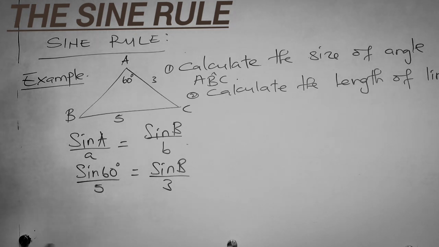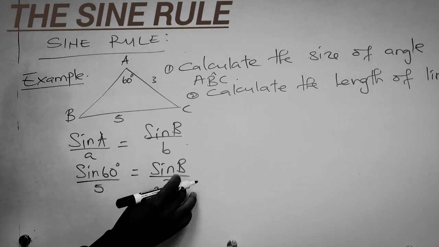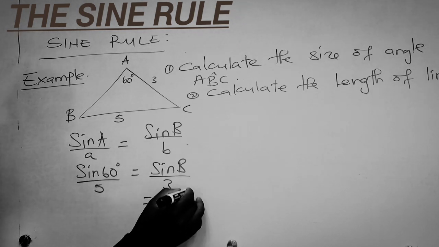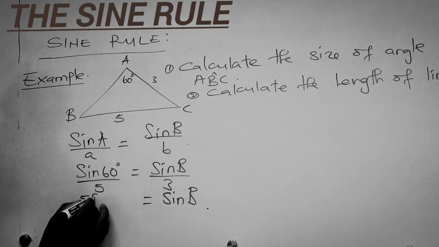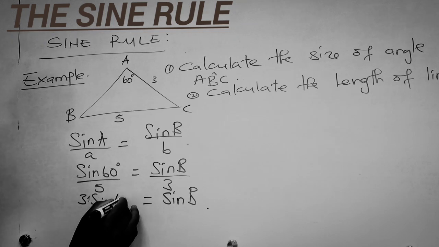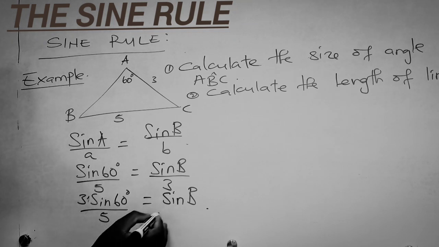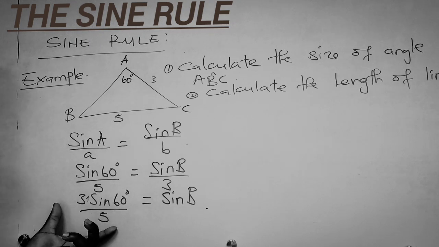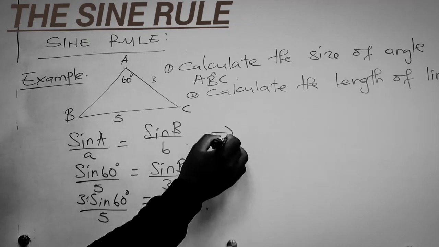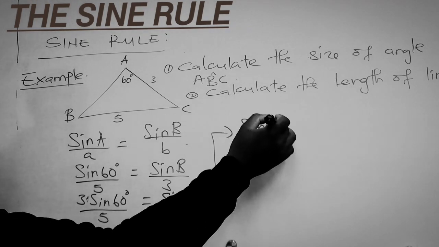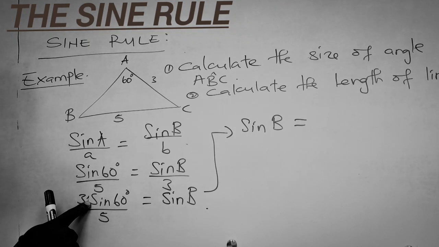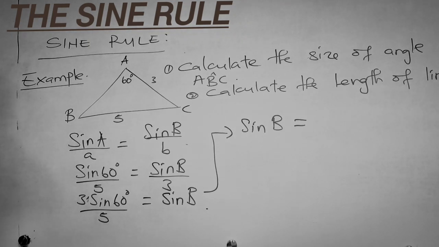Before going to sine 60, we can multiply by 3 throughout so that we can leave sine B isolated. So this becomes 3 sine 60 degrees over 5. Then we simplify this using a calculator, or we can do it like this. Sine 60 is equal to root 3 over 2.